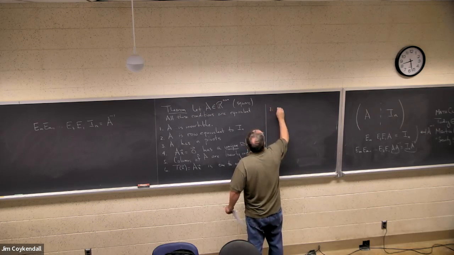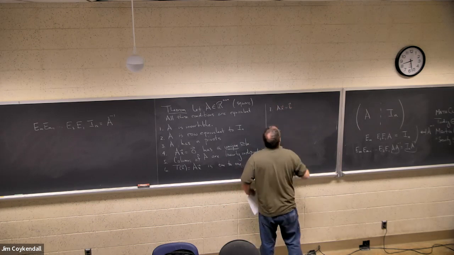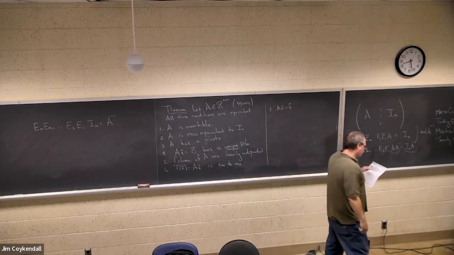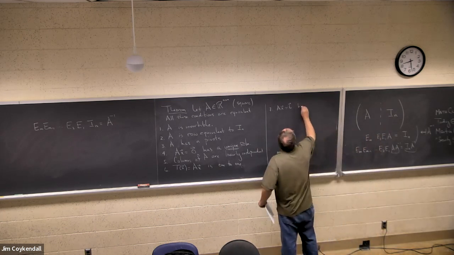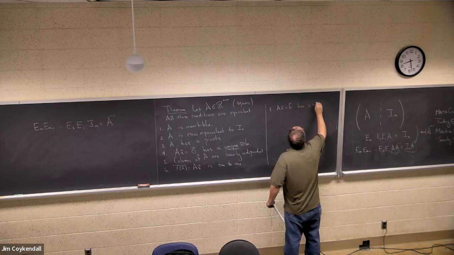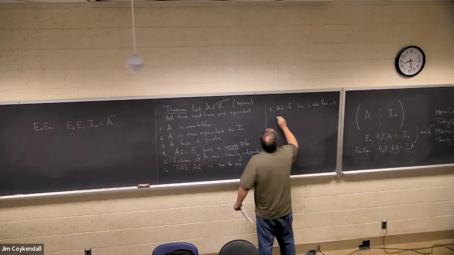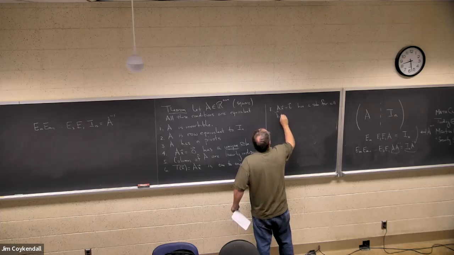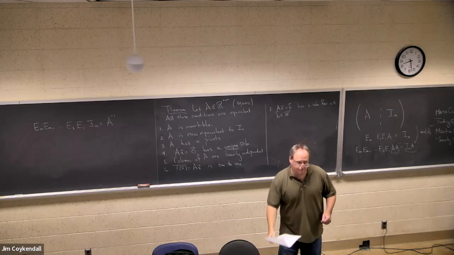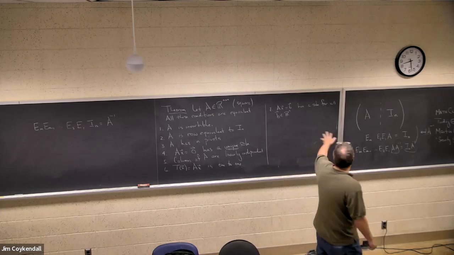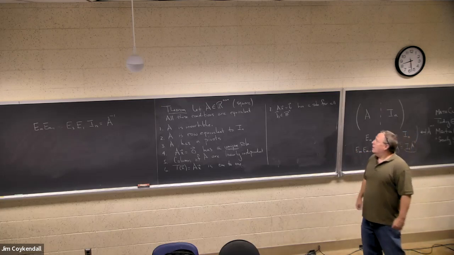Okay, so AX equals B has a solution for all B. And in fact, it's not only that it has a solution, it's unique, right?